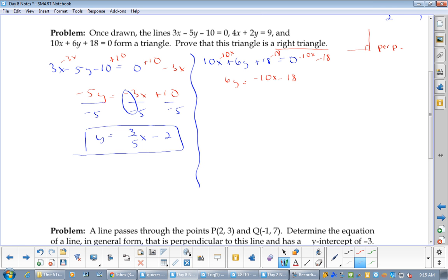Now I'm going to divide by 6. y will equal negative 10/6, which is negative 5/3 x minus 3.